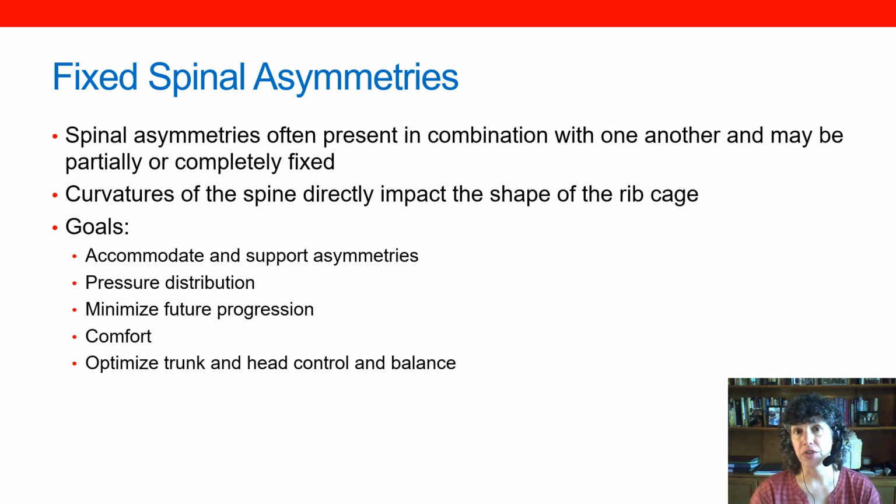Our goals in this case are to accommodate and support those asymmetries, to really distribute pressure, because in these situations, very small areas of the lateral and posterior trunk may be in contact with the seating system. That's uncomfortable and again can lead to pressure. So we need to distribute that. That's often with molded seating.